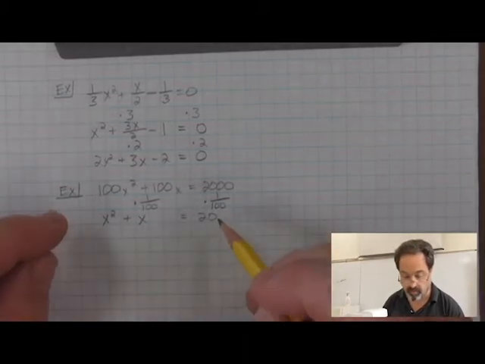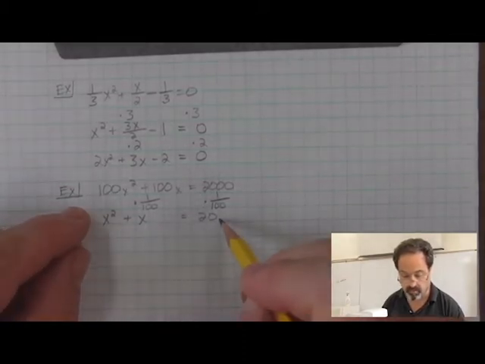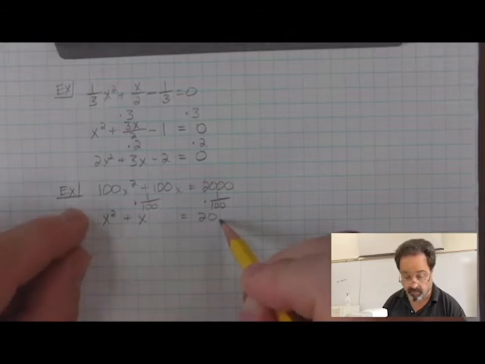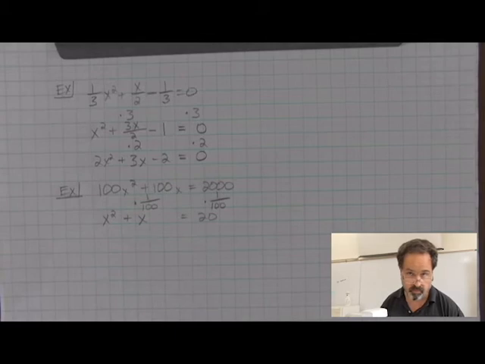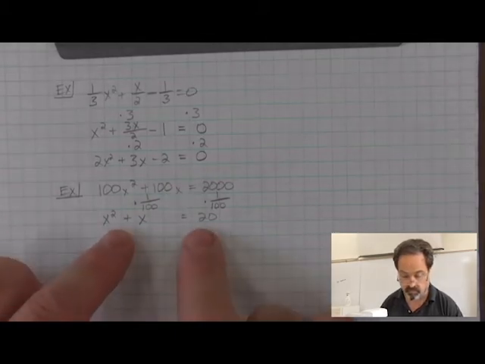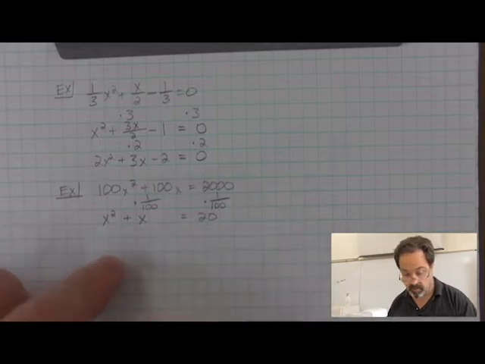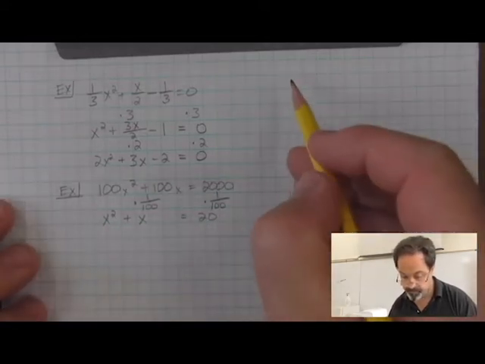I've created an equivalent quadratic equation, but the coefficients now are much easier to handle in the quadratic formula. So I could move forward and solve for x more easily after multiplying through. Let's have one more example.